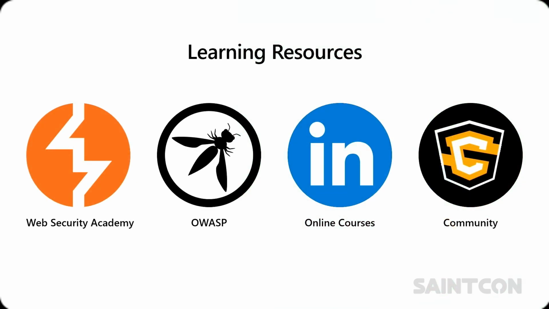Personally, Web Security Academy is my favorite learning resource. It's produced by PortSwigger, who create the web security application Burp Suite, a really helpful tool for hackers. It has really helpful explanations for all of the most common types of web vulnerabilities you'll see. Everything you've seen in this presentation and more, they have great examples of.